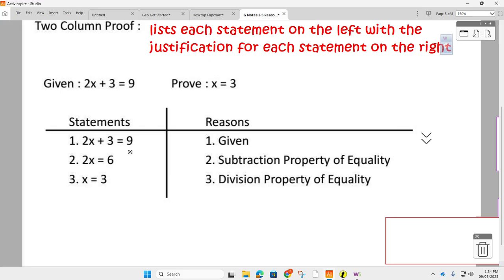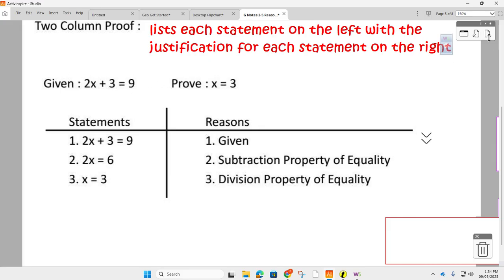Subtraction? Yes. What do we subtract? 9? No. Or the 3. The 3, right. This is subtraction property of equality. Here, 2 times x equals 6. If you divide both sides by 2, so it's proven using those properties that the solution to this equation is x equals 3.